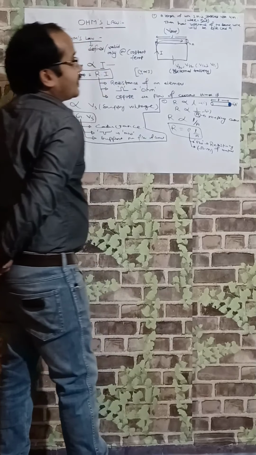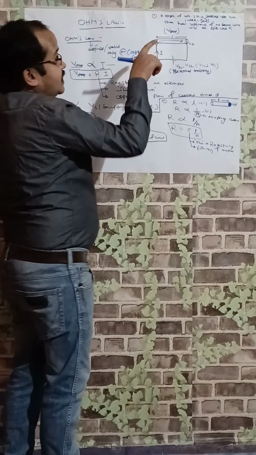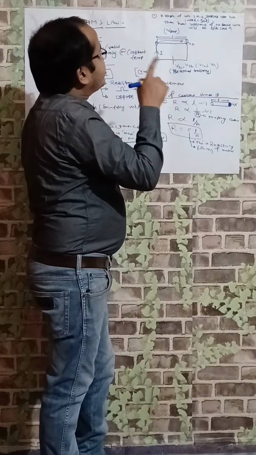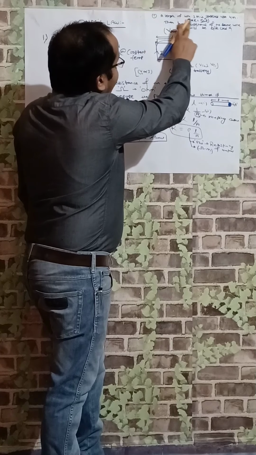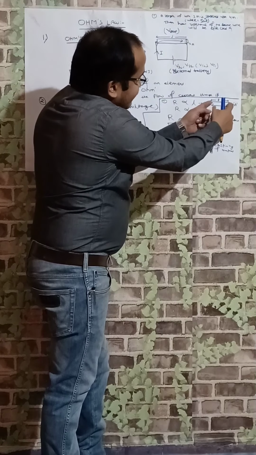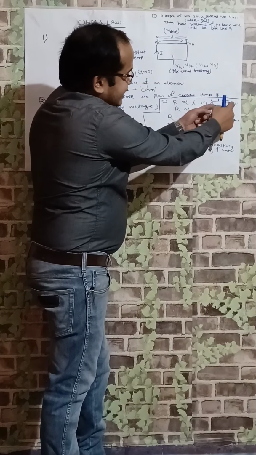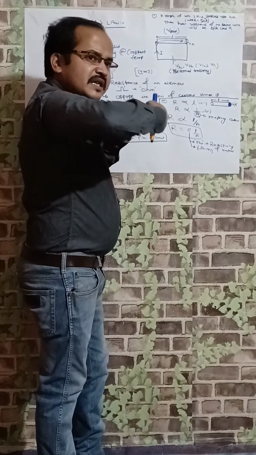Yes. Now here you must concentrate while solving the question. You must read 2 times, 3 times, 4 times what the question is saying. A wire of length 2 meter is stretched, which means same length, same material. The same material is going to be stretched.